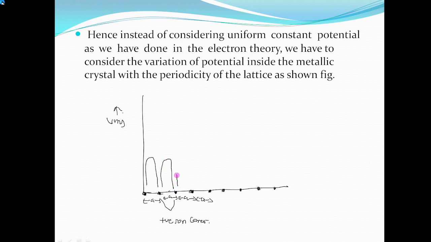According to Bloch theorem, the potential is minimum at the positive ions and maximum in between the positive ions. This potential varies periodically everywhere like that.